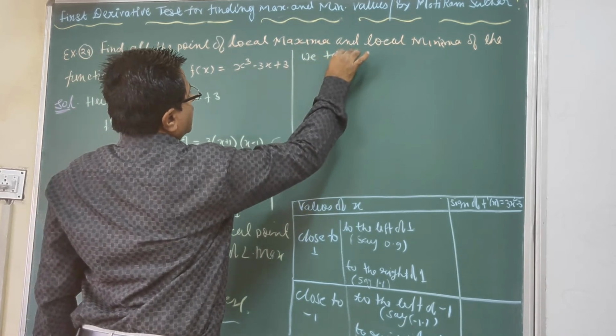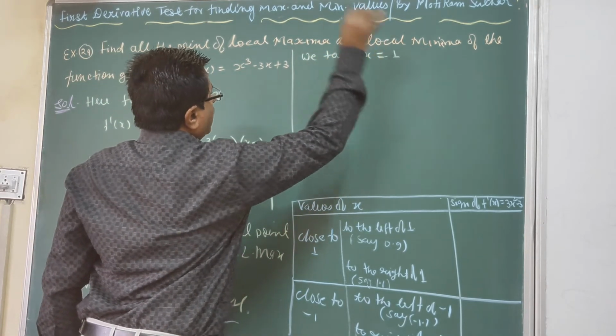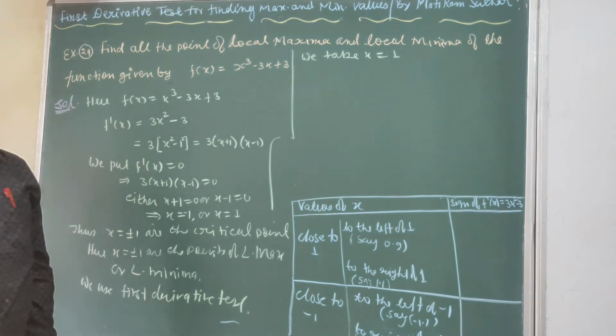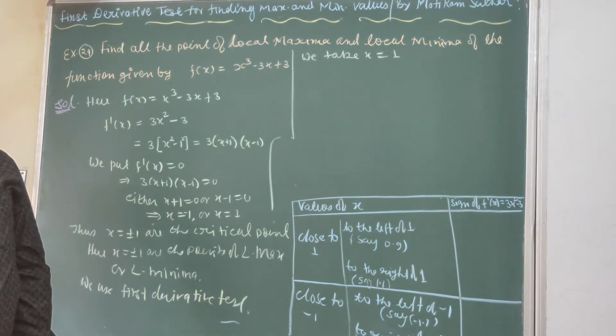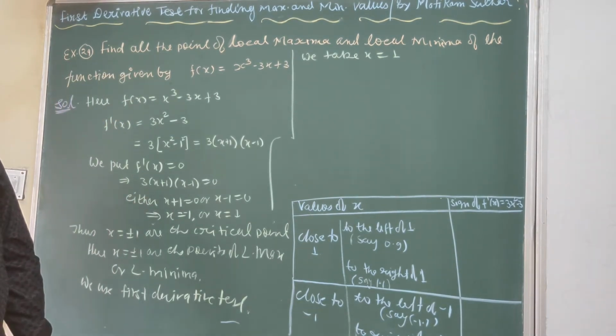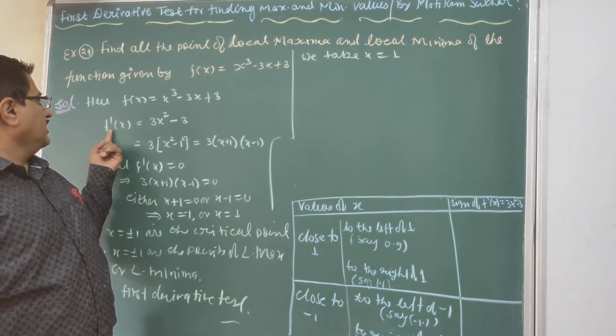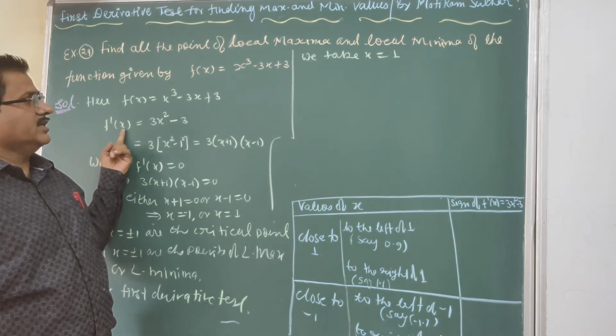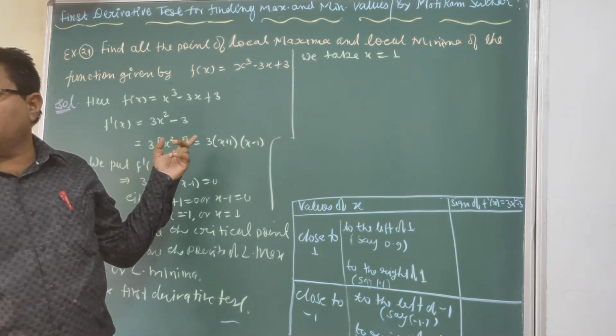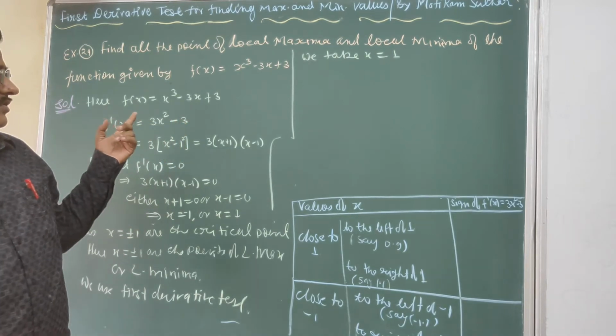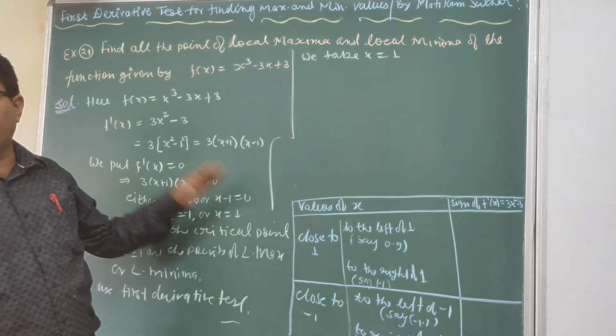We take x equal to any one point first. Suppose we are taking x equal to 1. Now when we are taking x equal to 1, we have to see the sign of this derivative f dash x.